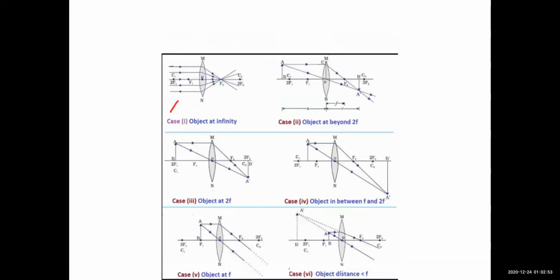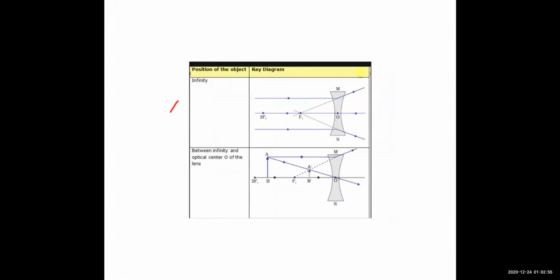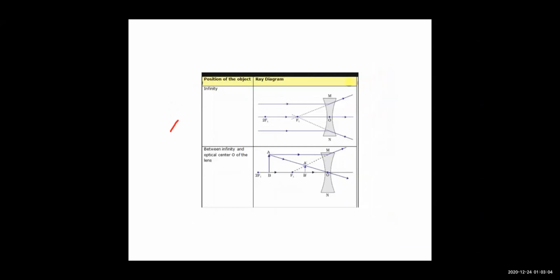Now let's talk about the ray diagrams for the concave lens. Concave lens, children, you are having only two cases. First is the object is at infinity. So we know when the object is at infinity, we are going to consider two parallel rays and our image will be formed. So two parallel rays to the principal axis, we know they are going to get diverged.